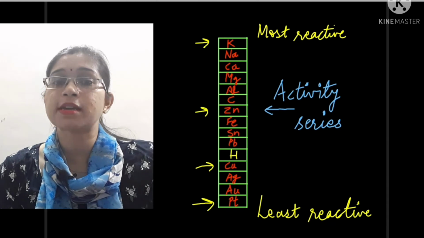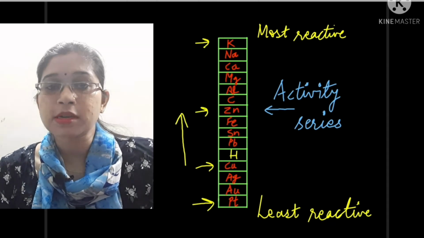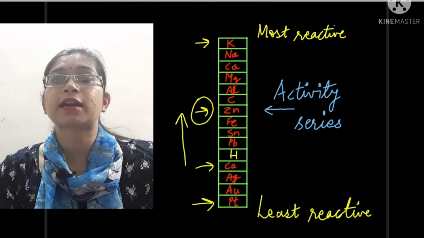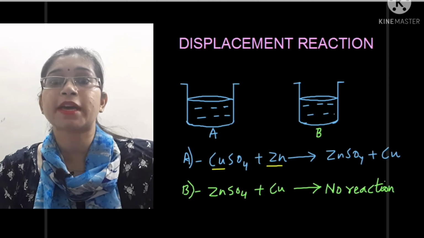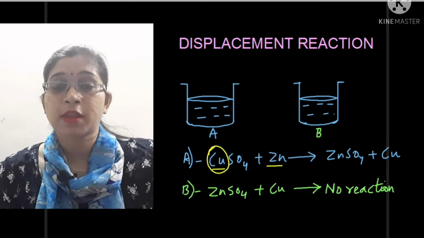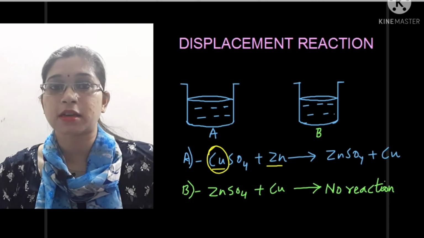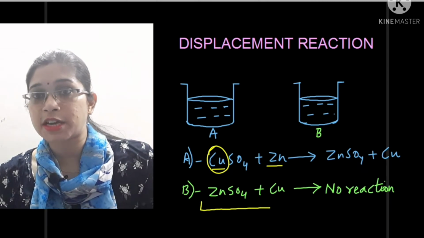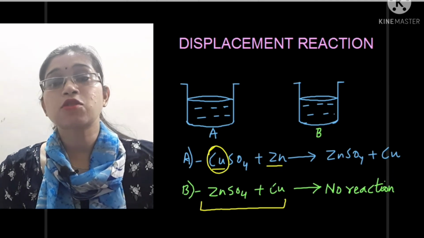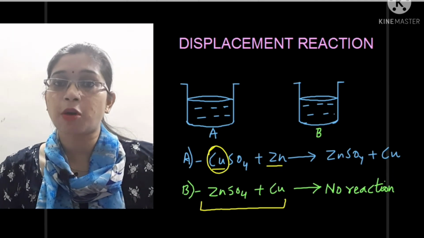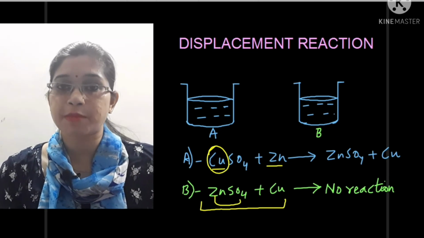So zinc is lying at the top of copper. That is why zinc is more reactive than copper, and that is why it was able to displace copper from its solution. Now we can say that copper is less reactive than zinc, so it is not able to displace zinc from its solution. That is why there is no reaction taking place here.